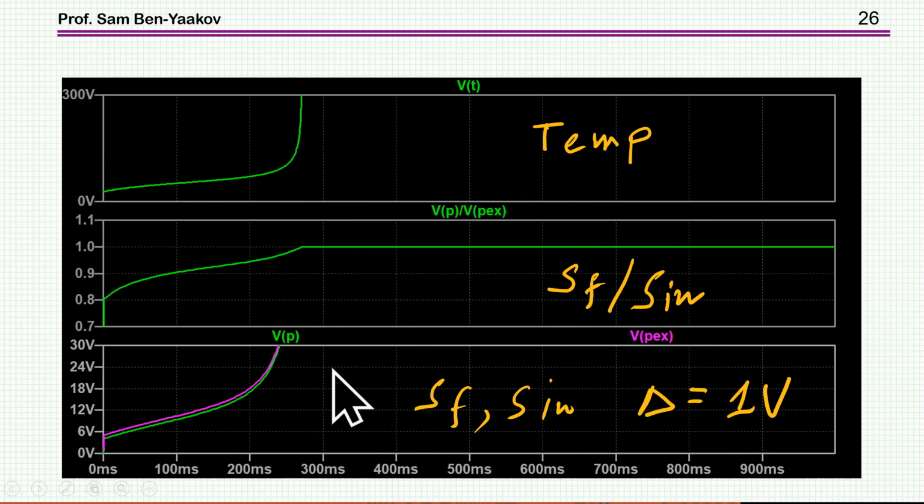And here is a zoom of the situation. This is the temperature. It's going up. This is the ratio, smaller than 1. Okay. And here are the two signals, the excitation and the feedback, pretty close. And as you can see, they're getting closer and closer together because, again, the gain is approaching 1.